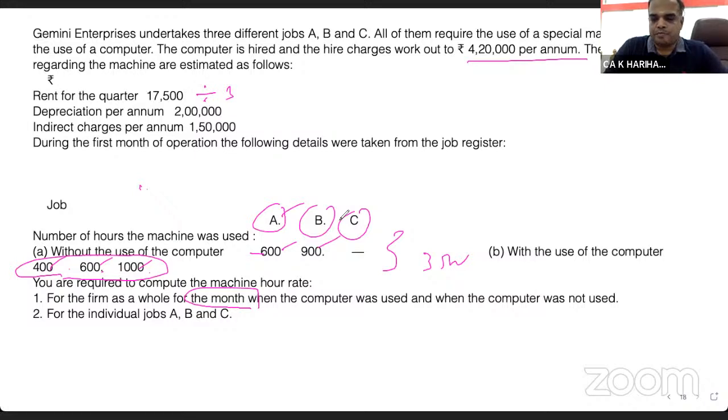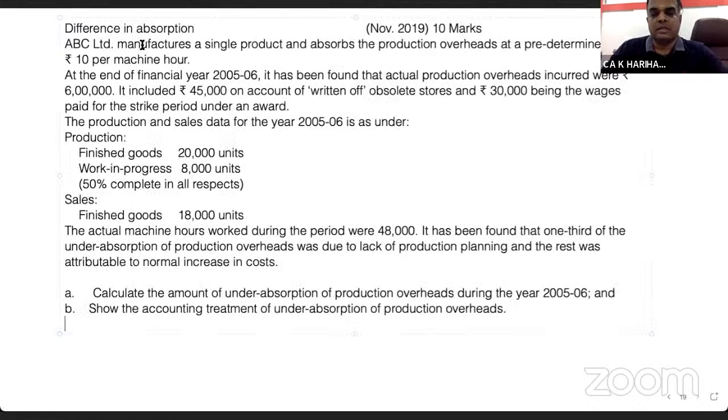This is the November 2019 problem, a 10 mark question.